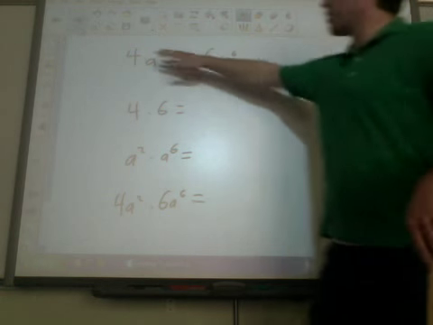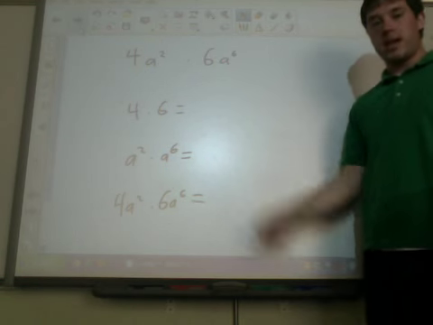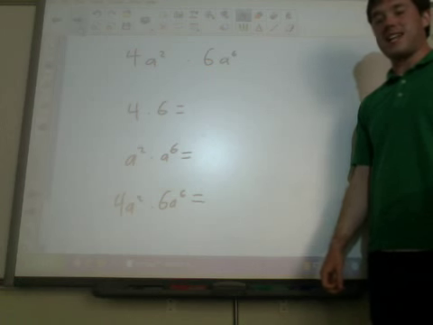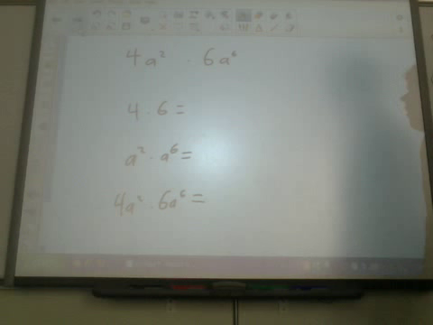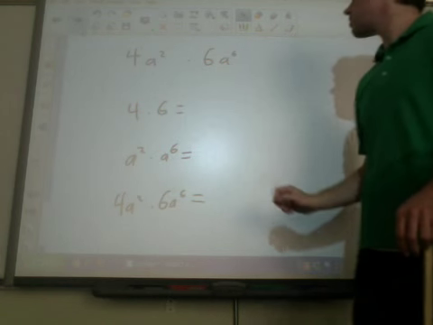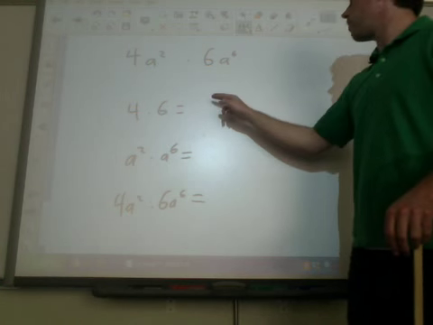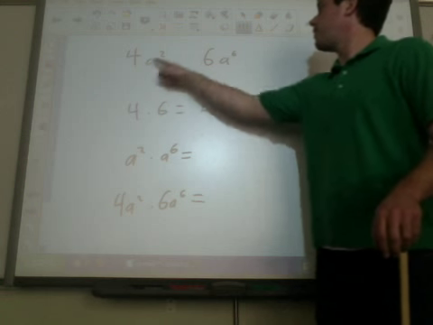Okay, so a problem like this one, just focus up on this top line for a second. All right, we've got 4a squared times 6a to the sixth. Okay, multiplying monomials together. First, you're going to multiply the coefficients. So you're going to have 4 times 6, which is 24. Secondly, you're going to multiply the variables.